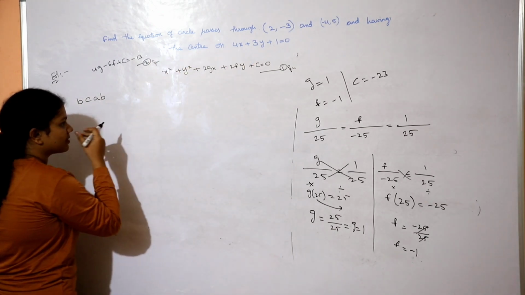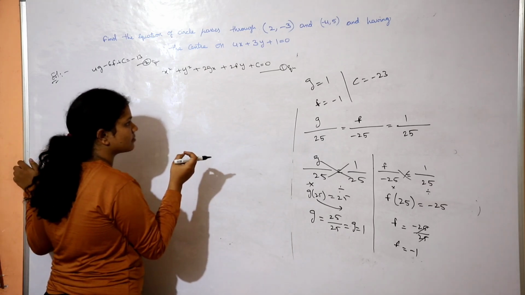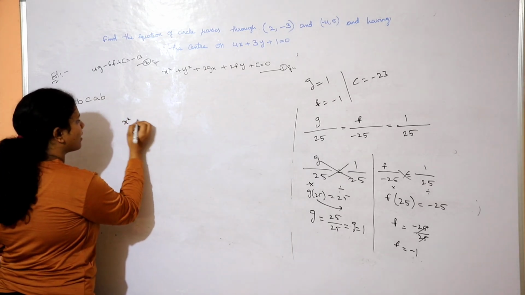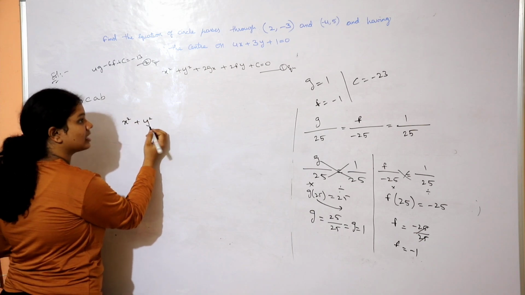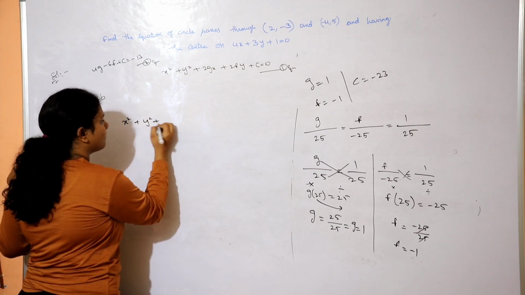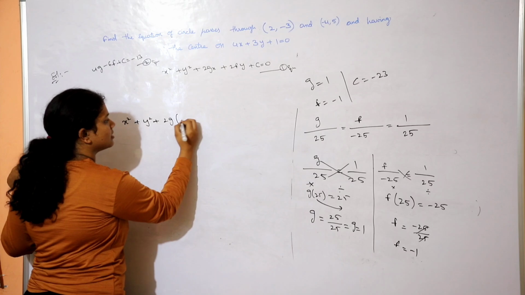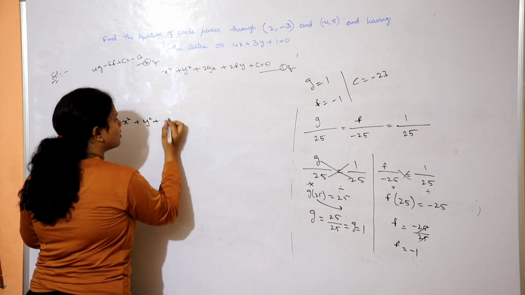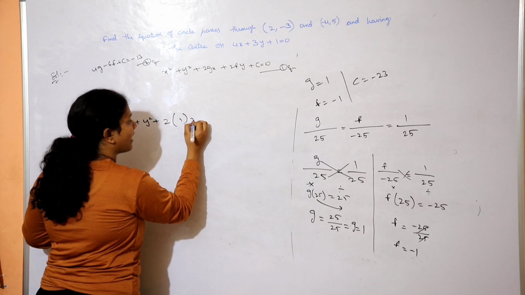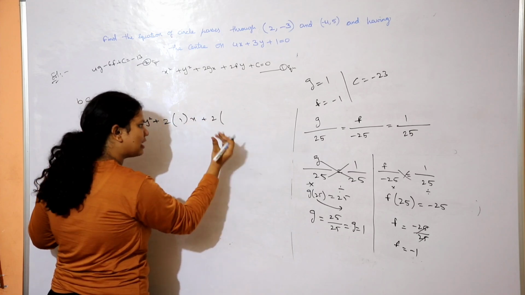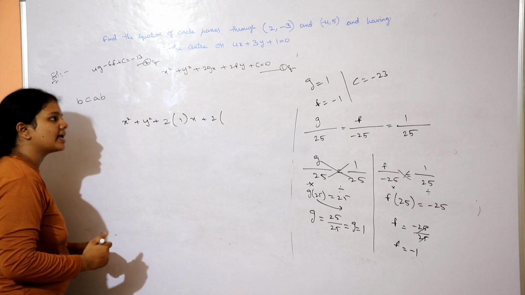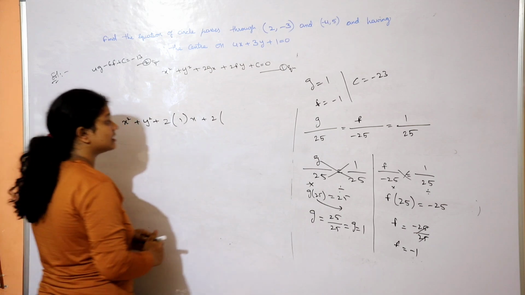So to find the equation of the circle, which is nothing but x square plus y square plus 2g x, g is 1, sorry, 2g means 2 into 1 x, plus 2f y, substitute the f value, g value and c value in this given general equation.